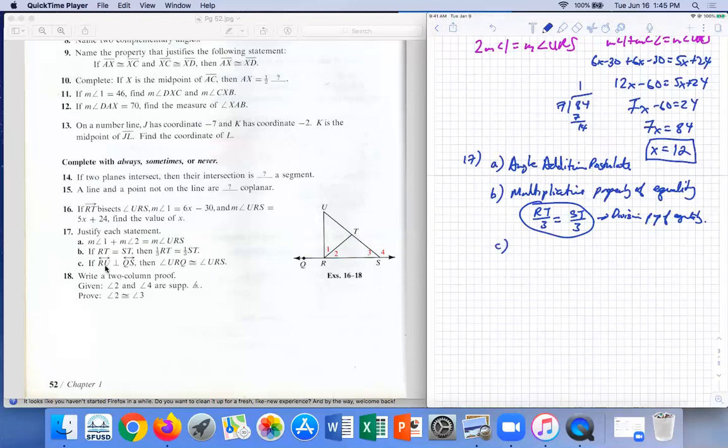If line RU is perpendicular to line QS, then angle URQ is congruent to angle URS. This one has to do with theorems that we had from your previous section.